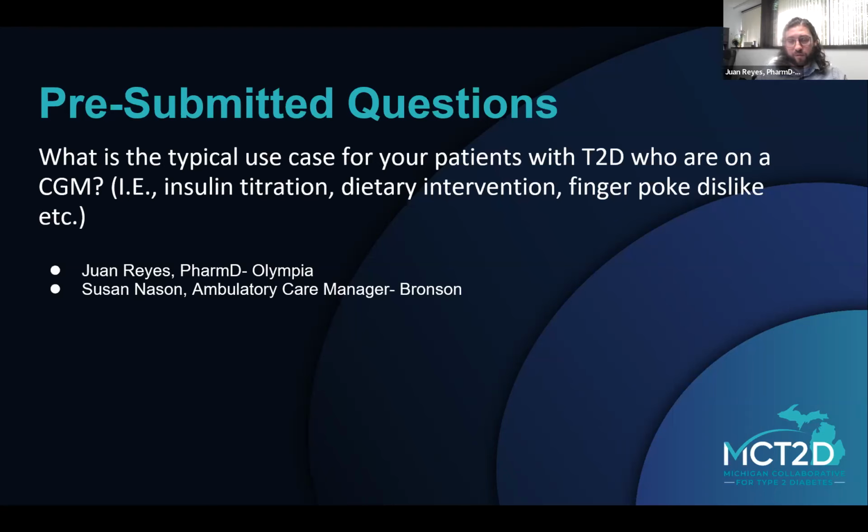And for dietary interventions for sure. I think someone mentioned earlier, over 90% of my patients, once they're on it, for whatever reason they were put on it, they love it. If I can get a patient on it, I'm going to try.